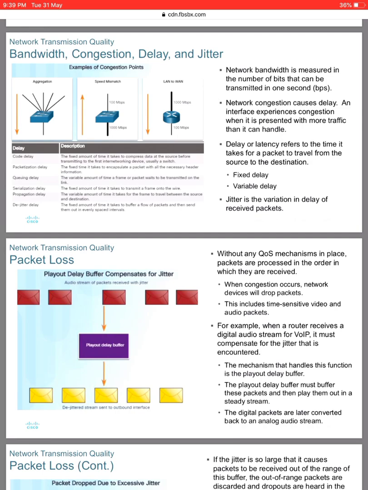So network congestion causes delay, and an interface experiences congestion when it is presented with more traffic than it can handle. So network congestion refers to a reduction in quality of service that causes packet loss, queuing delay, or the blocking of new connections.